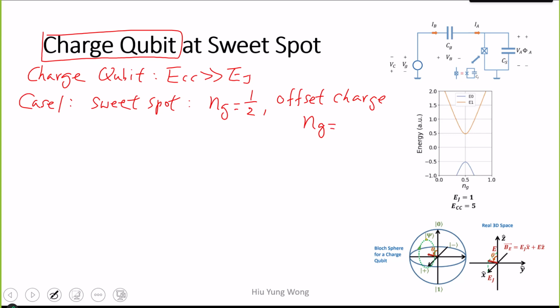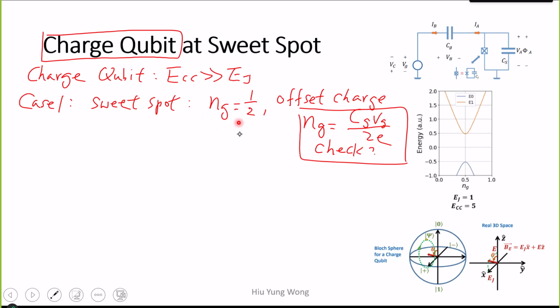Ng should be equal to Cg times Vg divided by 2E. Okay, please check. I don't have this with me. Check, right, to make sure this is correct. But based on this equation, you understand what it means, right? It's just the gate and this capacitor induce a certain amount of Cooper pair. That is the sweet spot.